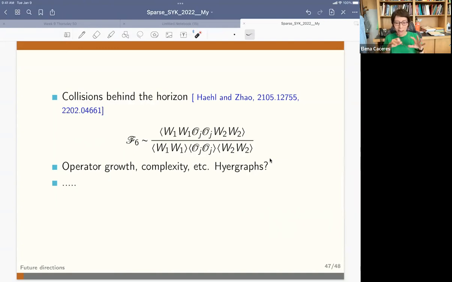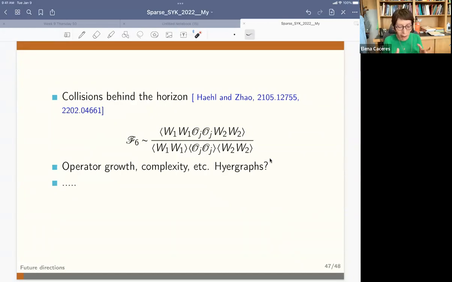How long does it take, if you start with an excitation on one vertex, to cover the whole hypergraph? For me, intuitively, that has to be related somehow to our notions of operator growth, or how complex it gets.